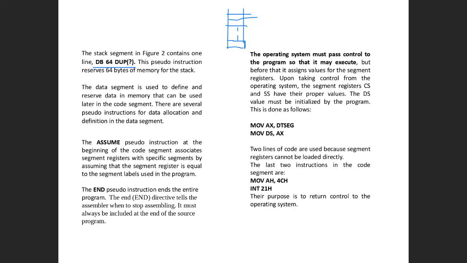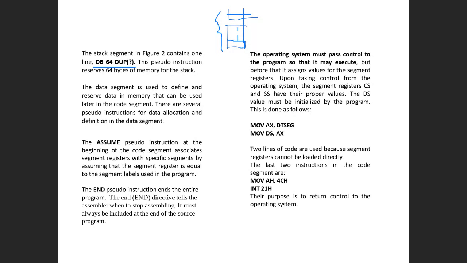So 64 and a question mark, where the question mark means empty, keeping it empty. You already used this in the lab. So it reserves 64 memory locations, and they are empty.